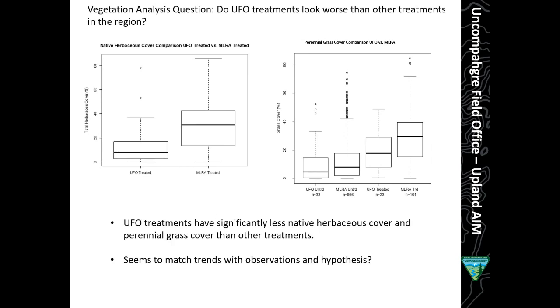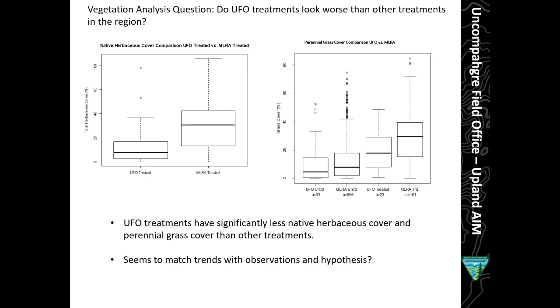Conversely, we looked at perennial grass cover, and the figure on the top right shows that we do indeed see significantly greater perennial grass cover on treatments outside the Uncompahgre field office than within. So this was kind of a high five moment for us. We thought, sure, the AIM data is telling us a lot of things. It's meeting up with our hypothesis, and we're pretty happy.